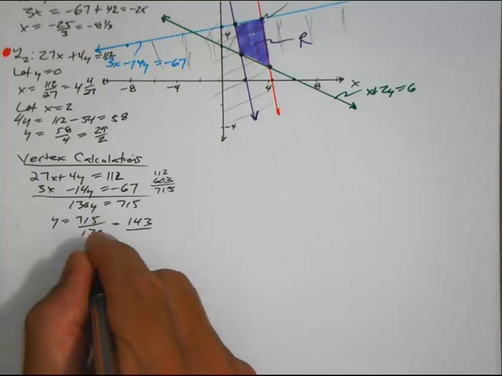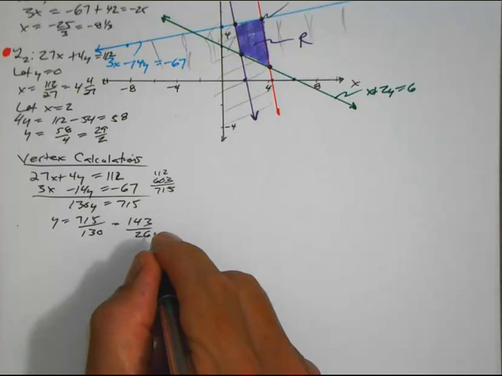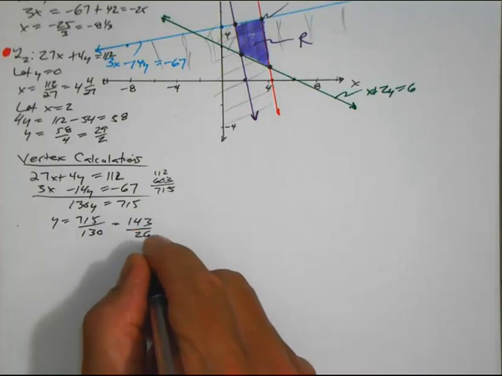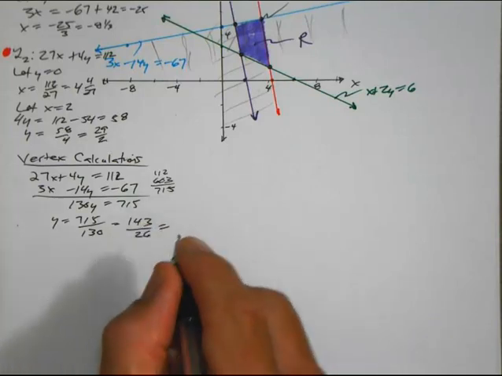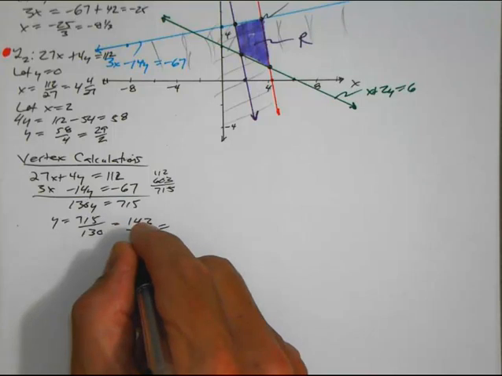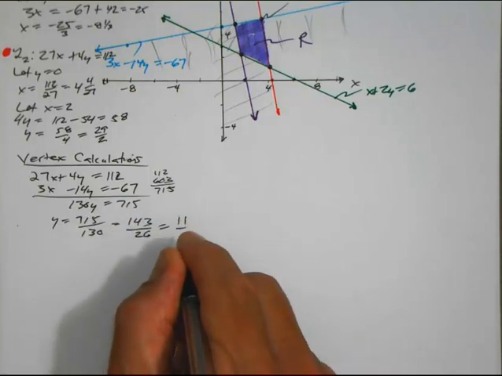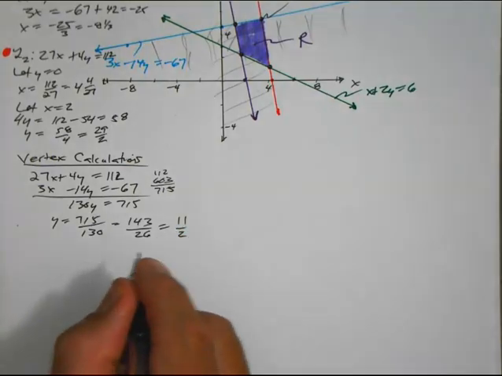Divide by 10 is 13, double it, 26. Okay, what about this fraction here? This is 143 over 26. Oh, 13 divides 143 evenly too. 13 goes into that 11 times, and 13 into 26 is 2. So this is 11 over 2. Alright, great. So we got that.